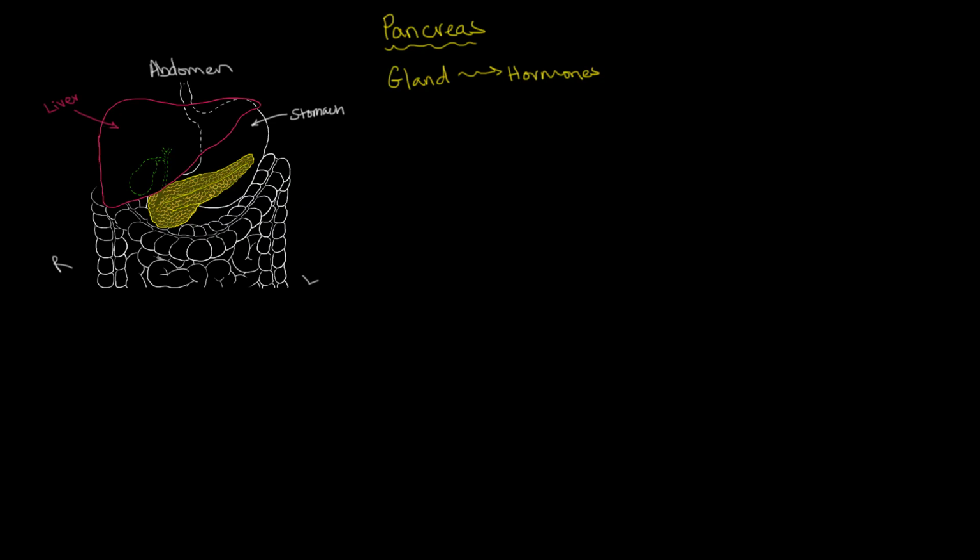So your food would come down from up here. And then once the food passes through the stomach, this is the large and the small intestines. And then in yellow here, this is the pancreas.